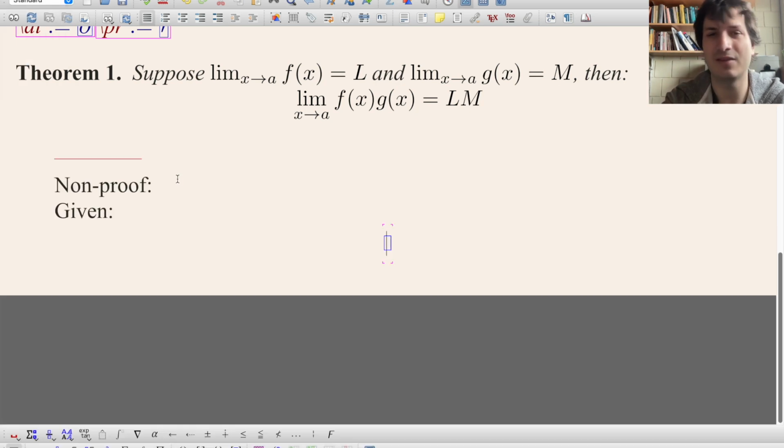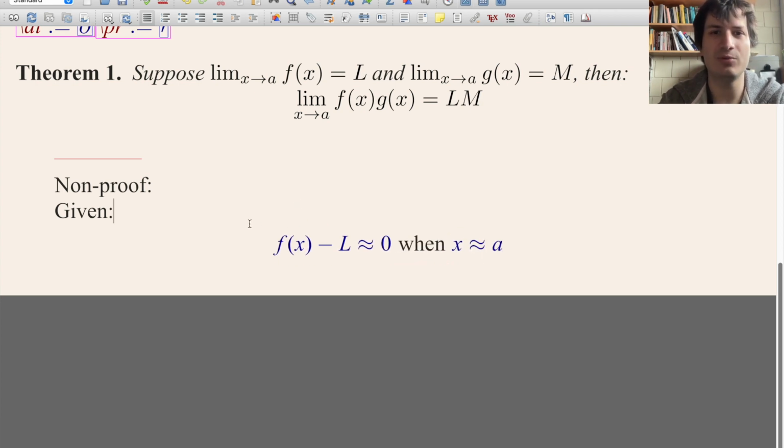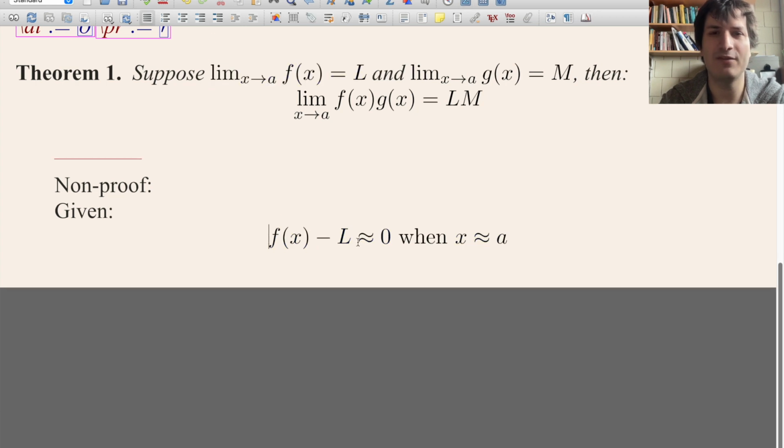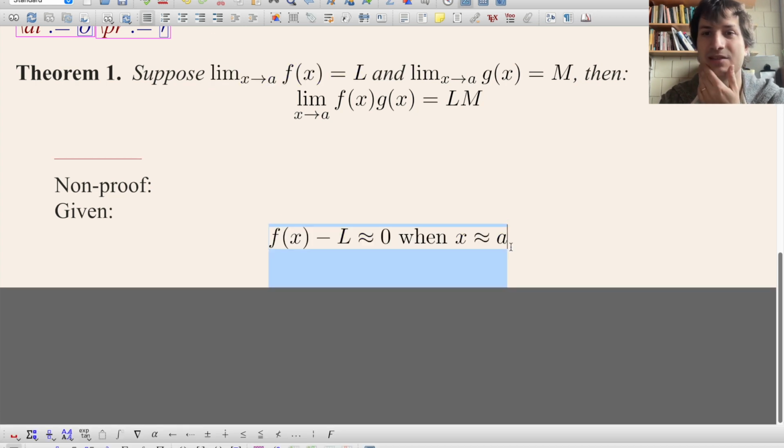So here's the non-proof. What are we given? We are given that the limit of f of x equals L, and that's really saying f of x minus L is approximately 0 when x is approximately a.